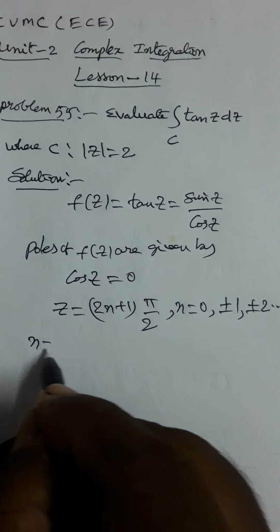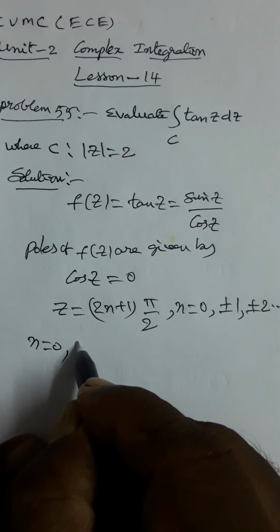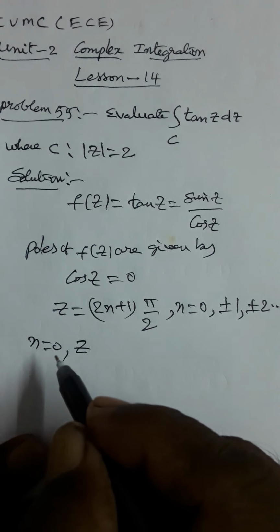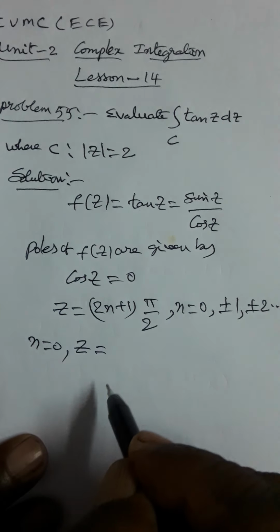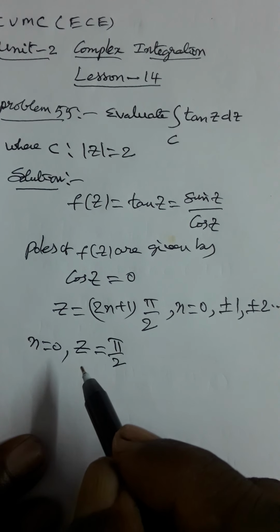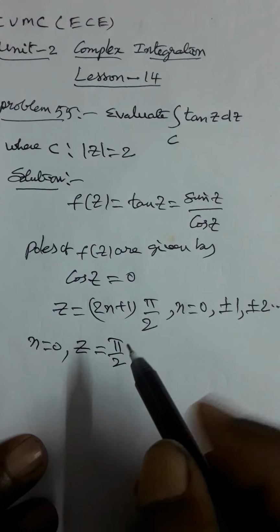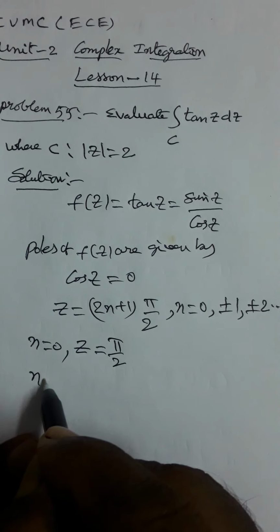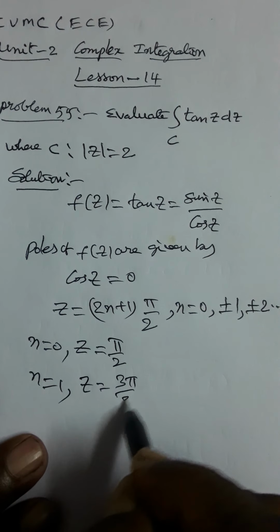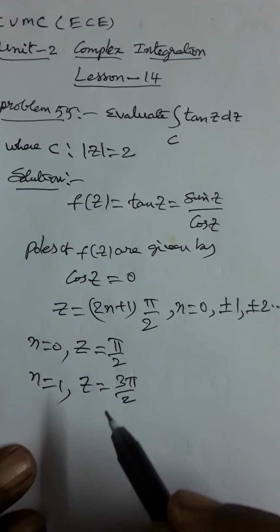N is equal to 0, z is equal to pi by 2. N is equal to 1, z is equal to 3 pi by 2.